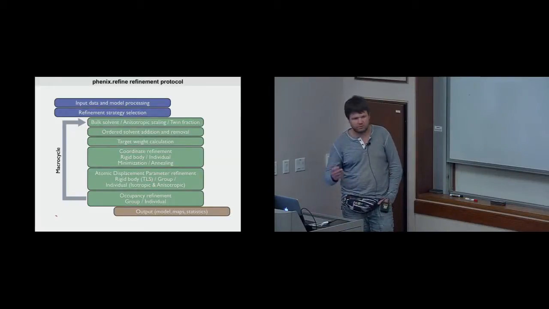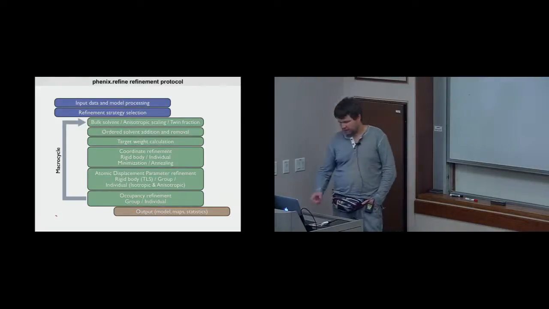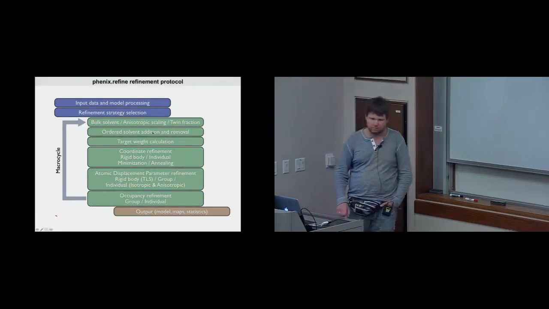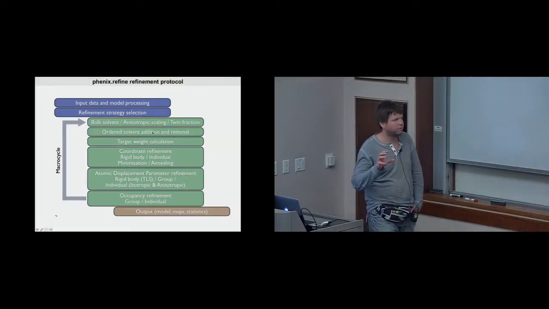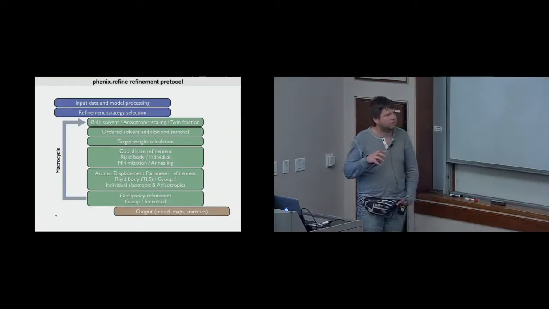We also support a PDB file, model PDB file. We also support mmCIF files as model and reflection data too. So, and the green part here is the main body of refinement, which we call the refinement macrocycle. So this is a repetitive block of events.